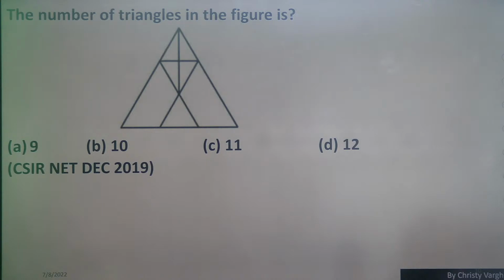For 2 by 2, from left to right there is 5, top to bottom only 4 will be there, because the middle one is already counted from left to right also, top to bottom also. That is 9 totally.